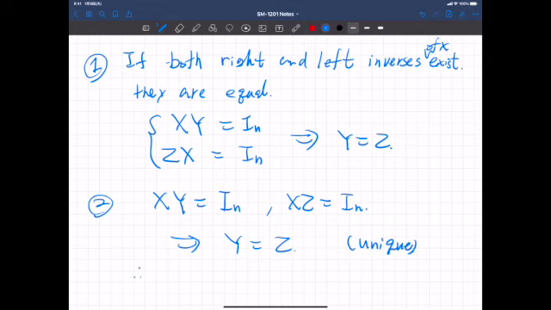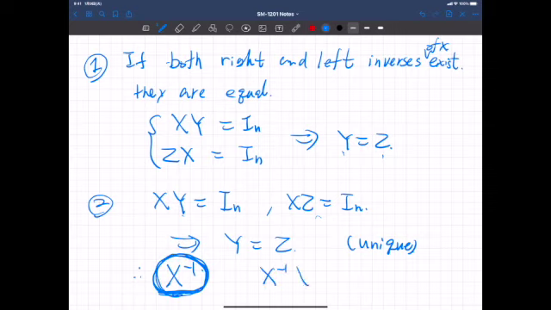Therefore, we write the inverse of X as X to the power of -1. In other words, if there are left and right inverses, they are equal, and if there are two left inverses, they are equal. So in any case, the inverse of a matrix is unique, and there are no other inverses.